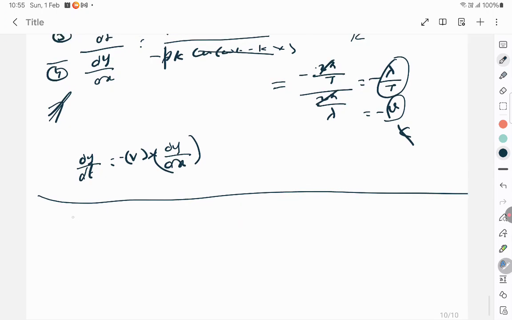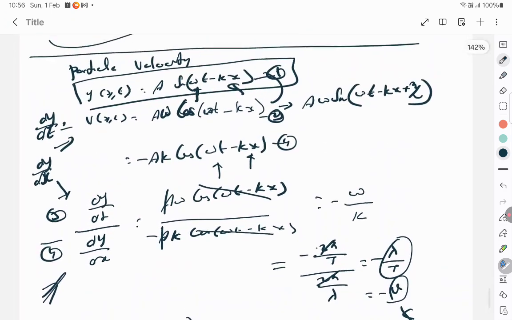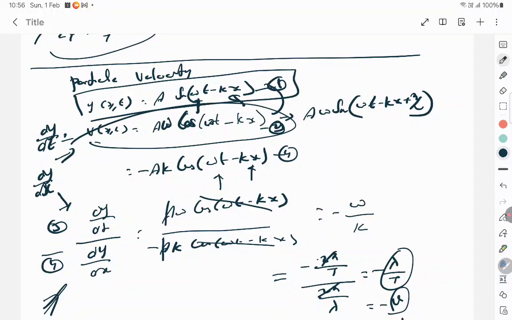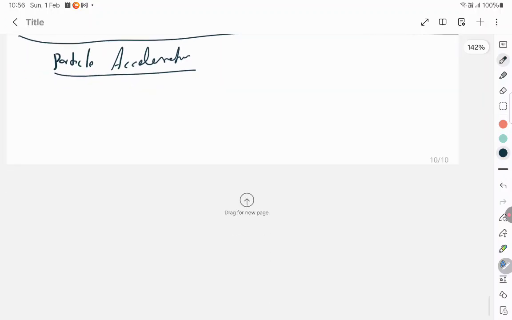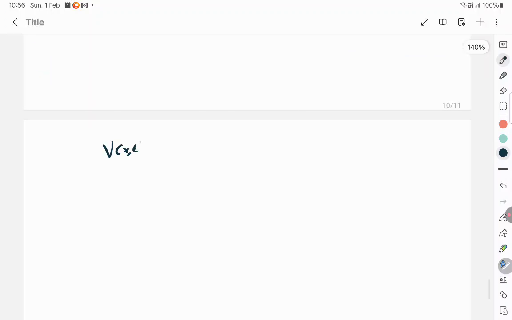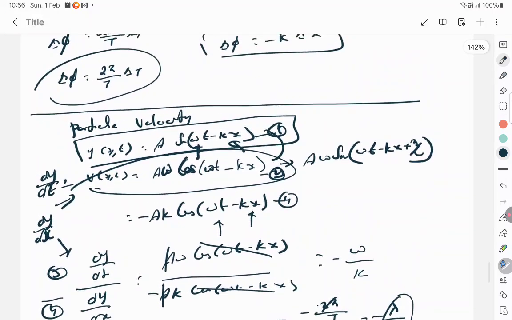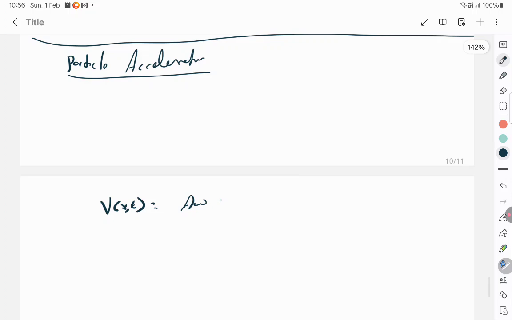And let's talk about the particle's acceleration. For particle acceleration, take the velocity and differentiate it once again. Where is velocity? It is in the second equation here, v(x,t). You know v(x,t) is nothing but Aω cos(ωt − kx).